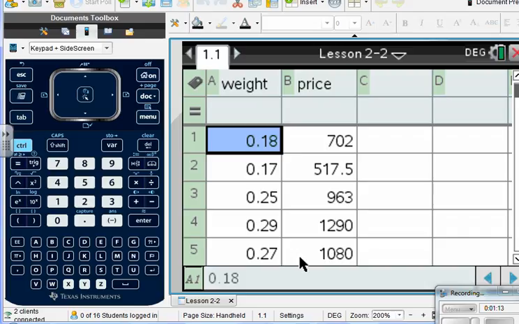If you don't, pull out your notes from Monday and pause the video so that you can get that data back in your calculator. All right, now we're going to assume that everybody has the data back in their calculator.